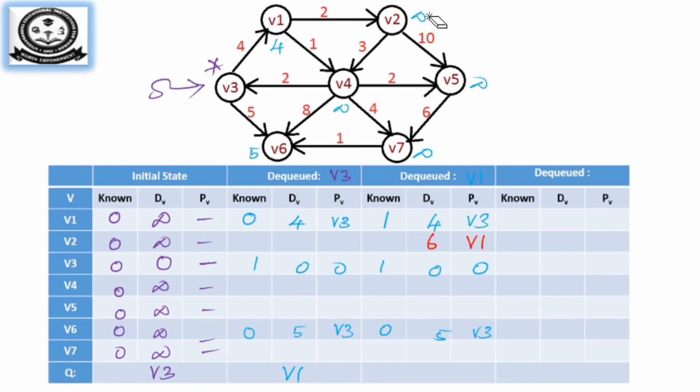So here instead of infinite I am going to use 6. You can write like this so that you will understand. So this is 4 comma V3 and this is 5 comma V3, and this you can write as 6 comma V1.